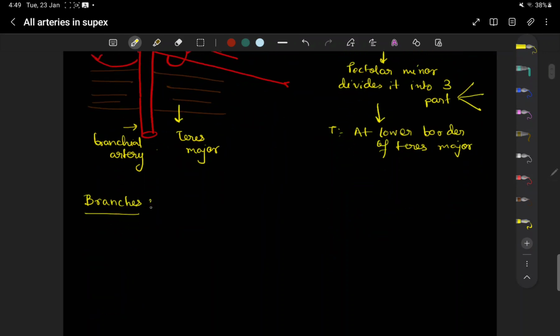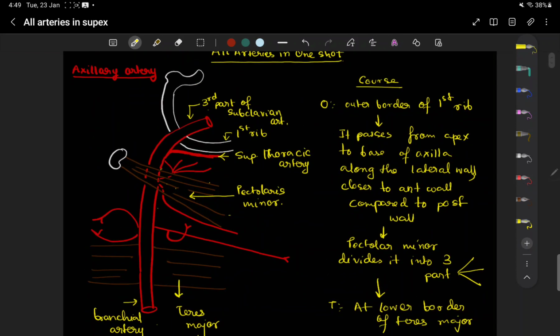You have to write it in your exam, the branches of the first part, of the second part, and of the third part. In the first part there would be only one branch, in the second part there will be two branches, in the third part there are three branches. So let's talk. In the first part we have the superior thoracic artery that is present.